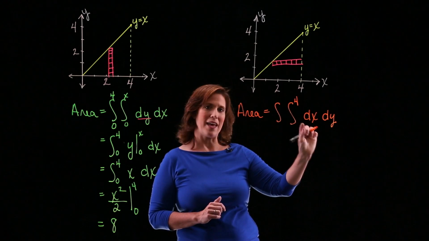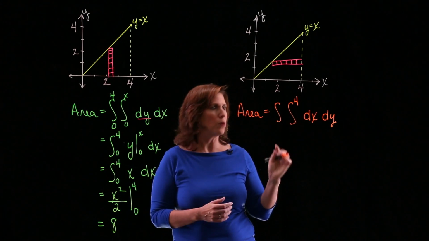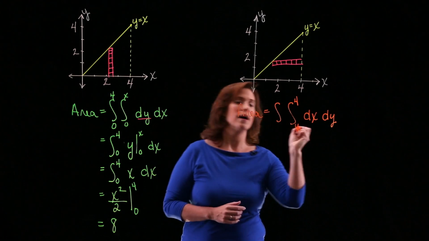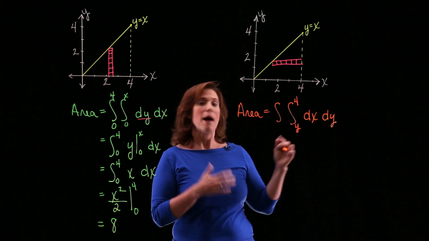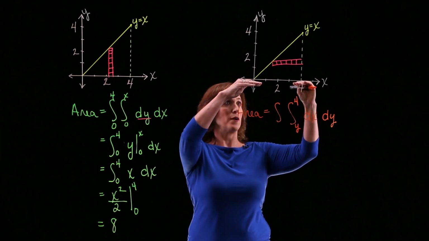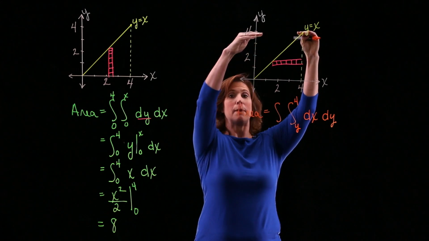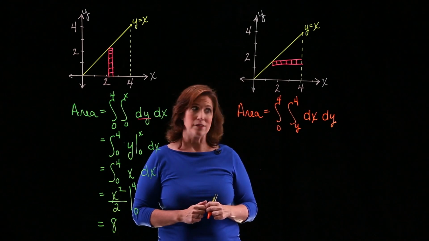But I would like to have that inside integral all in terms of y in the end. And I know x and y are equal to each other, so my inside integral will be going from y to 4. How about the outside integral? Once I've got that representative element built up, I'll be going from 0 the whole way up to 4. So 0 to 4 for my outside integral.